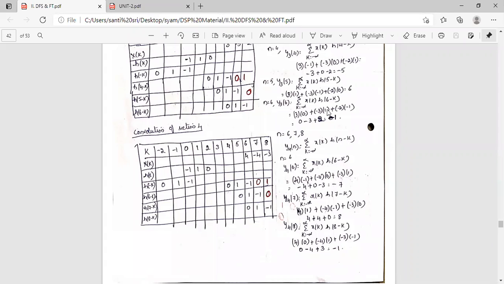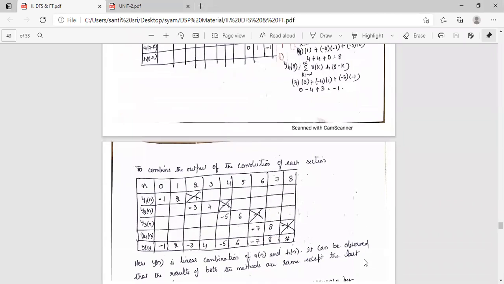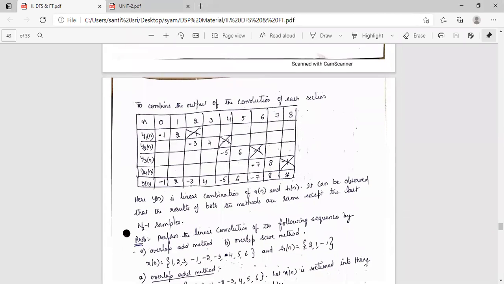Like this, we can calculate the values of y1 of 0, y1 of 1, y1 of 2. Similarly, y2 of 3, y2 of 4, y2 of 5. Like this, we can calculate all these values, and finally combining all these sections, we will get the result. So here the last value will be cancelled, so that this value will not be taken into consideration.